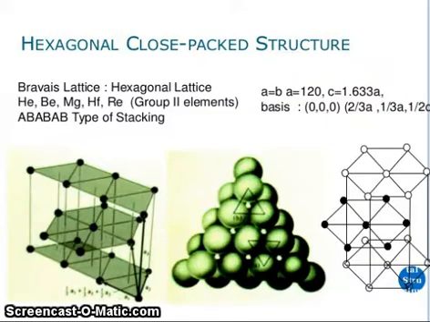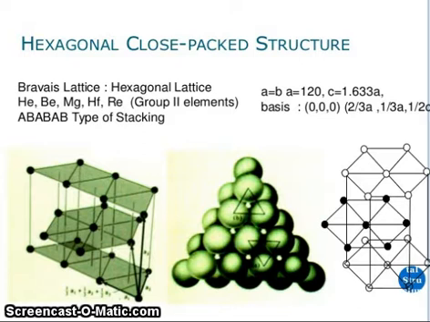Now hexagonal close packed structure. Bravais lattice, hexagonal lattice. Examples: helium, beryllium, magnesium, hafnium, rhenium, group two elements. AB type of stacking. a is equal to b, gamma is equal to 120 degrees and c is equal to 1.633a. Basis is 0, 0, 0 and 2/3a, 1/3a, 1/2c.